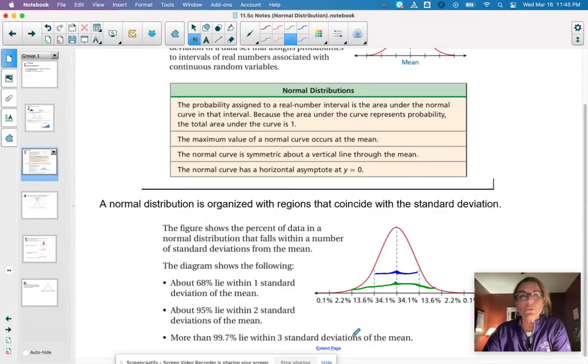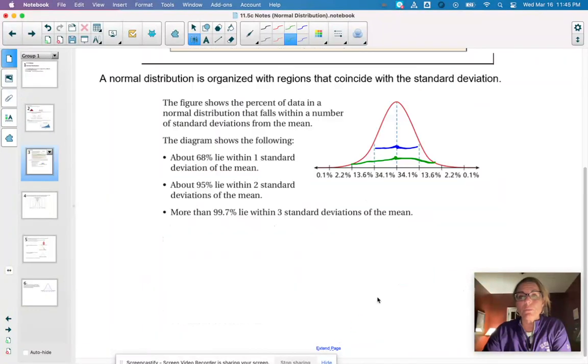A normal distribution is organized with regions that coincide with the standard deviation. The figure shows the percent of data in a normal distribution that falls within a number of standard deviations from the mean. As we look at this diagram, my blue line here represents one standard deviation to the left and to the right, and that accounts for about 68% of the data.